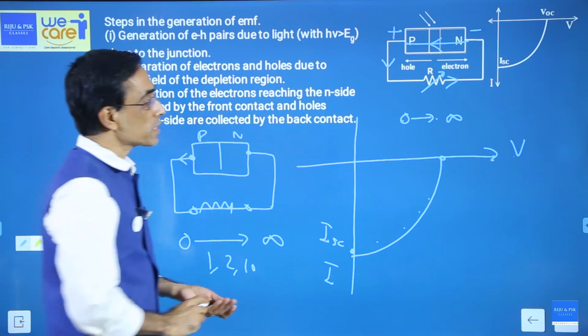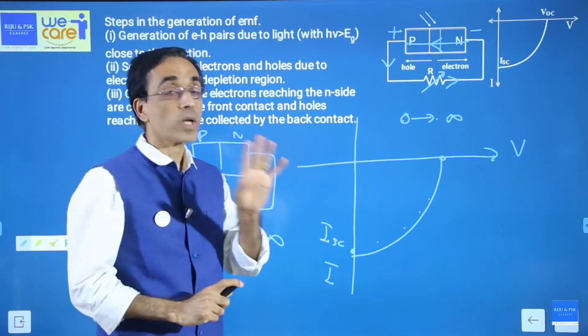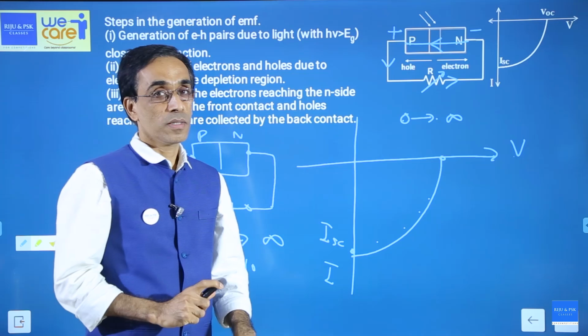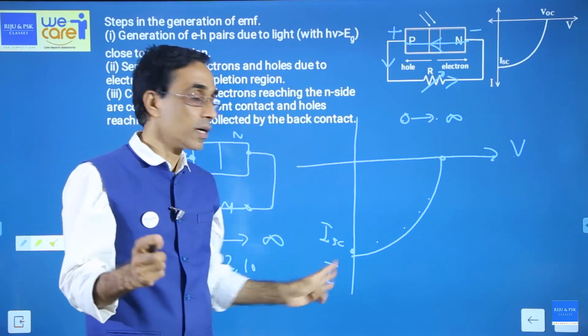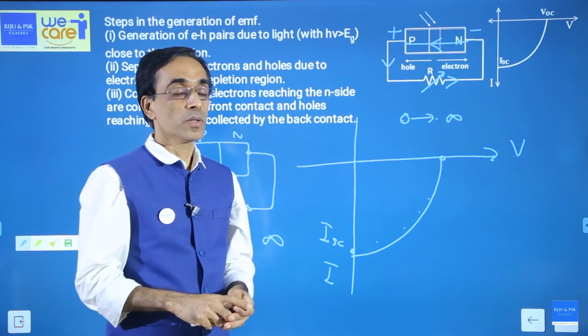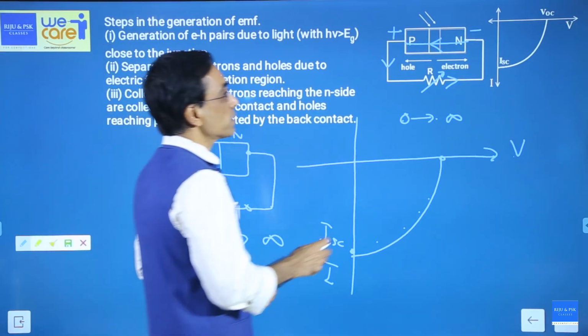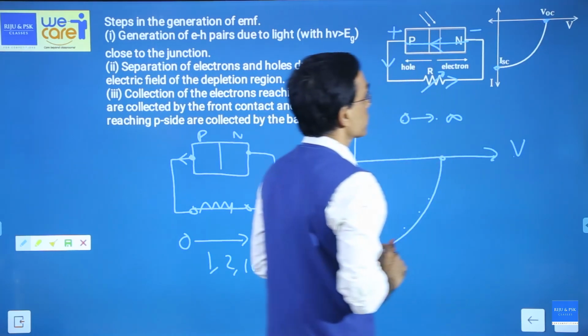This is the characteristic curve for a solar cell. This is the only characteristic that comes in the fourth quadrant. Normally a diode characteristic comes in the first and the third quadrants, but this is the only one that comes in the fourth quadrant. So see this graph: open circuit voltage and short circuit current.